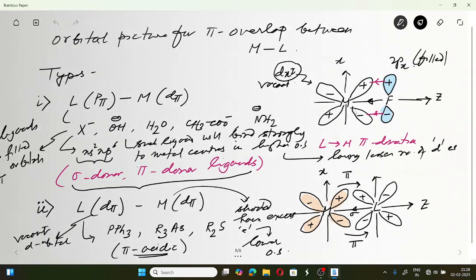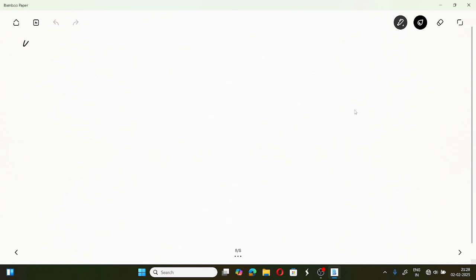Then the third category: ligand pi star orbital and metal d pi orbital.